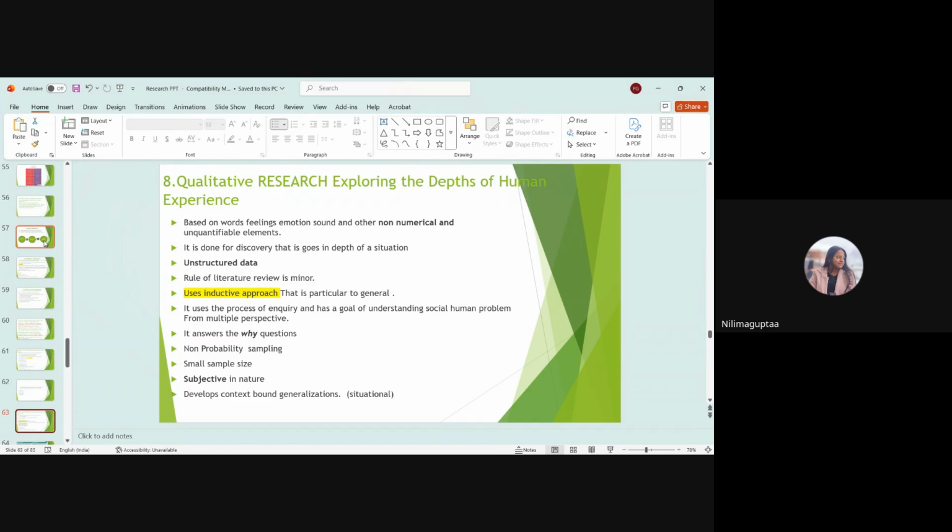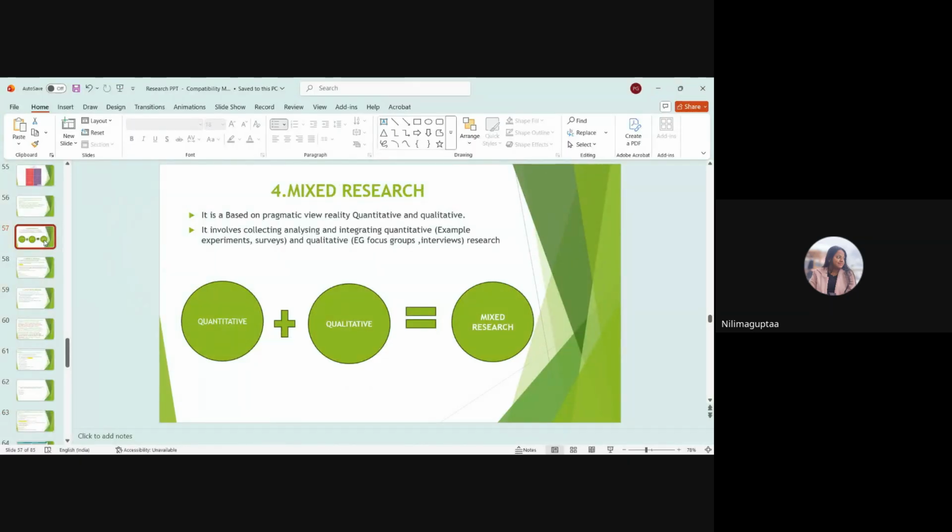It's qualitative, but it has a pattern, and all those case studies have at least 4 to 5 patterns in common. So now I have quality and I also have numerical data, and this kind of research is called mixed research. When quantitative and qualitative are integrated together, it is called mixed research.